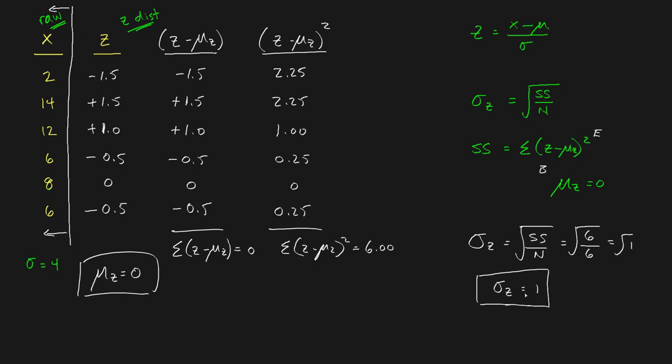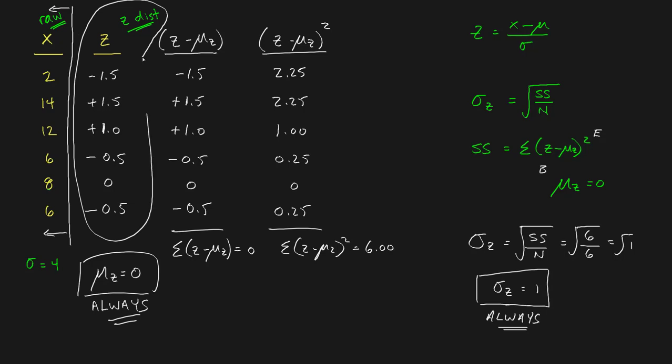And once again, just like with the mean being equal to 0, where I said in that video that that's always going to be the case, a standard deviation of 1 is, again, always going to be the case for not just a set of z-scores, but for the entire distribution of z-scores. It's really important that you make that distinction.